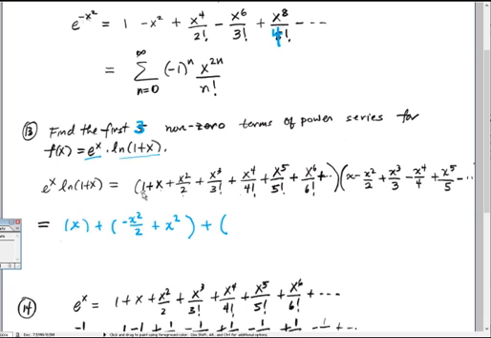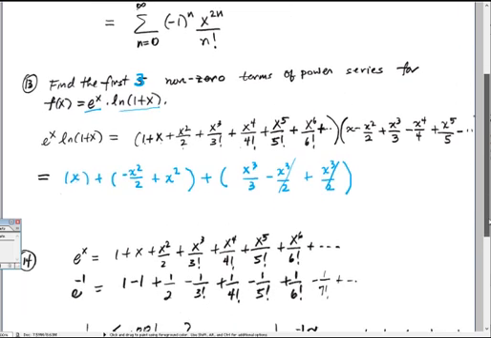Start with 1, and we have 1 times x cubed over 3. Then go to x, and we multiply by this, and we have minus x cubed over 2. Then go to x squared, and that multiplies with x, and we have plus x cubed over 2. And that's all we need to do for this. Notice these two cancel, and then you would just combine the like terms.